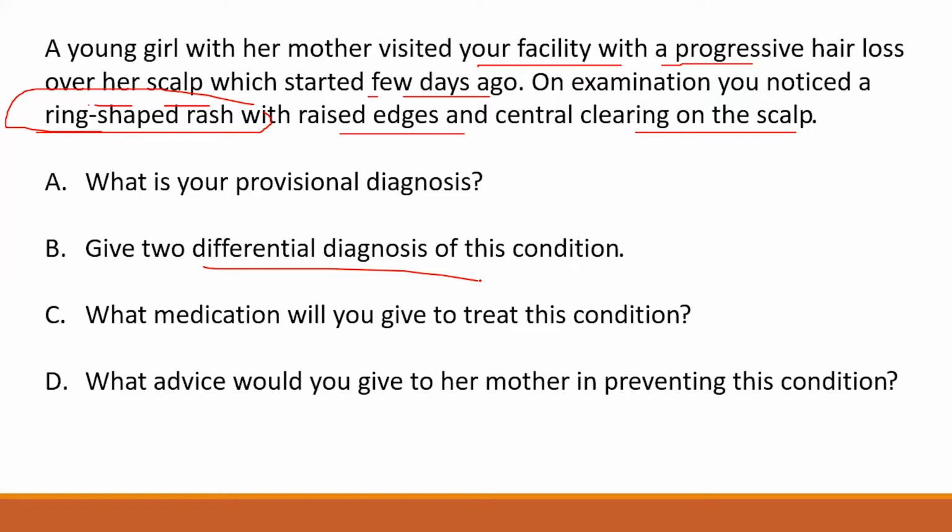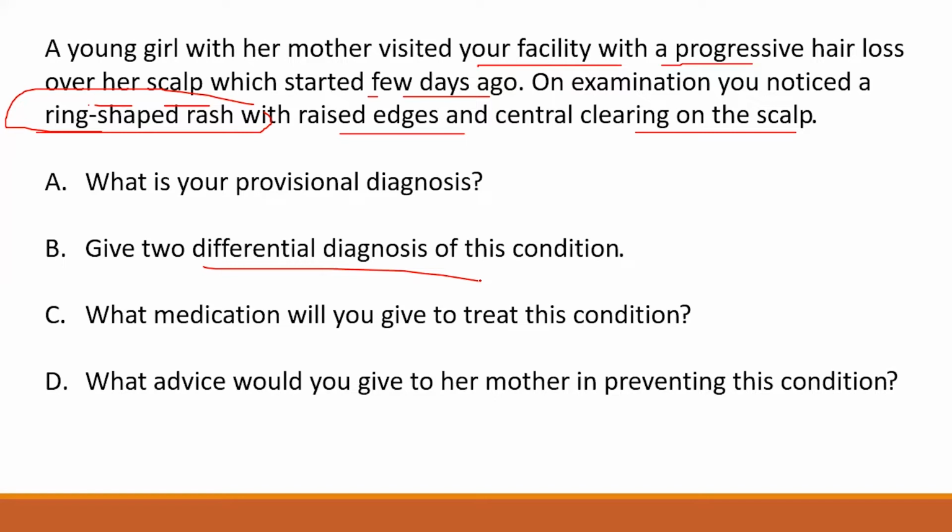Avoid using swimming pools and public showers because these could also be infected. And avoid close contact with infected persons and animals, especially dogs and cats. And avoid sharing objects like towels, hairbrushes, or combs.